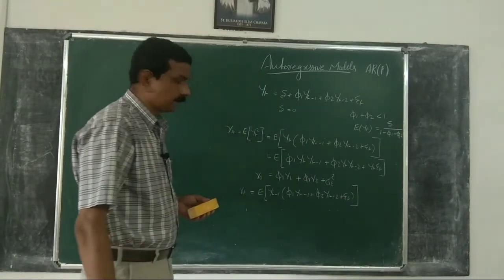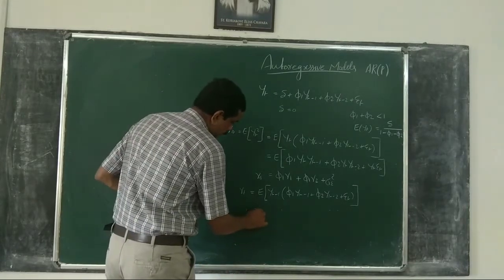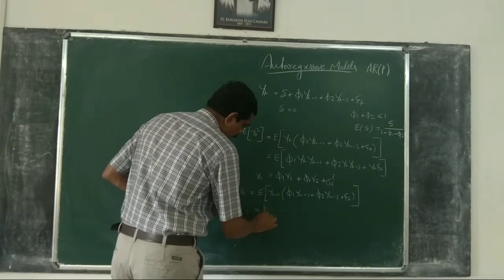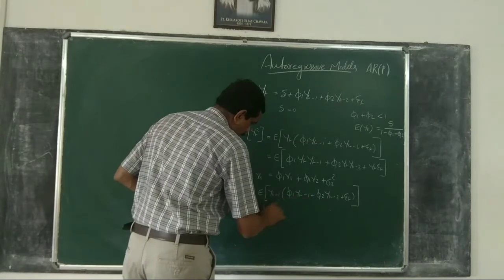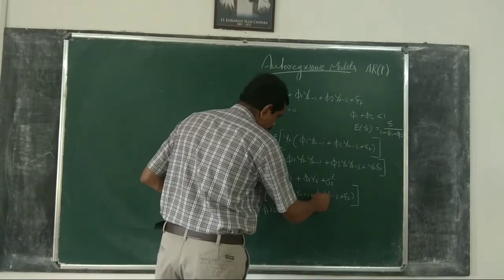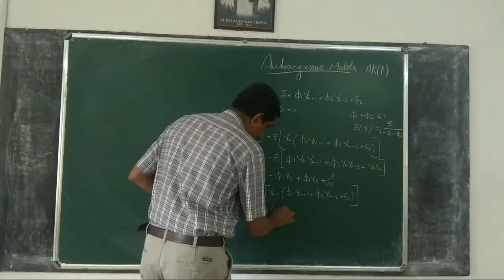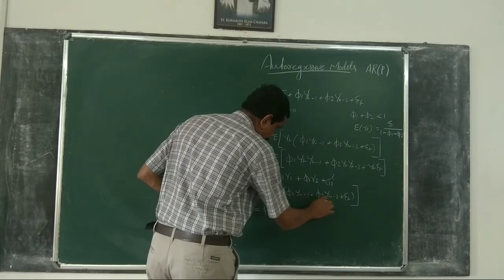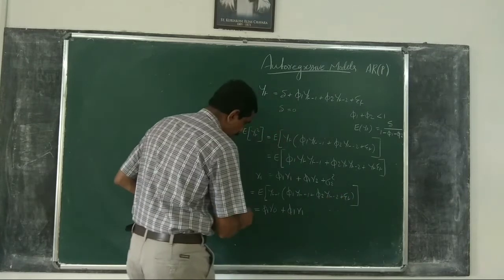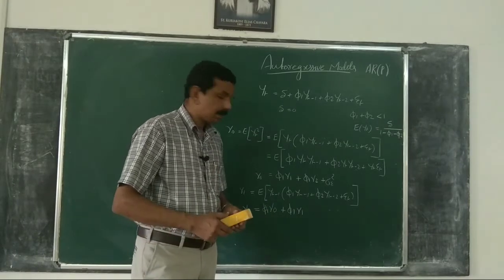This is equal to phi1 times the expectation of yt minus 1 square, which is gamma 0, plus phi2 times yt minus 1 yt minus 2, which is gamma 1, and yt minus 1 epsilon t is 0.